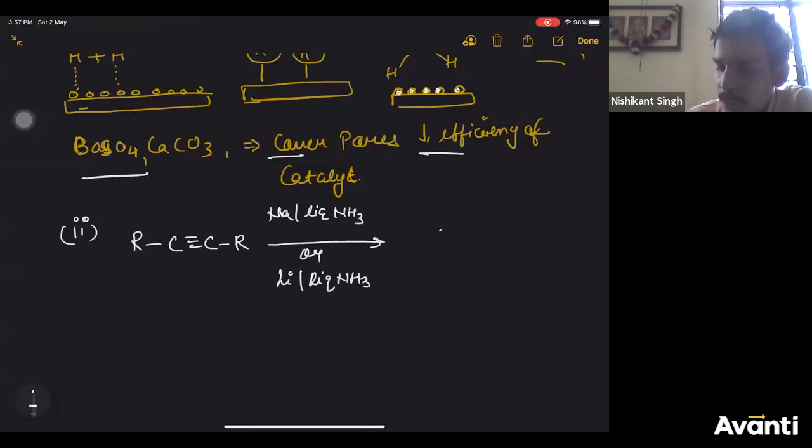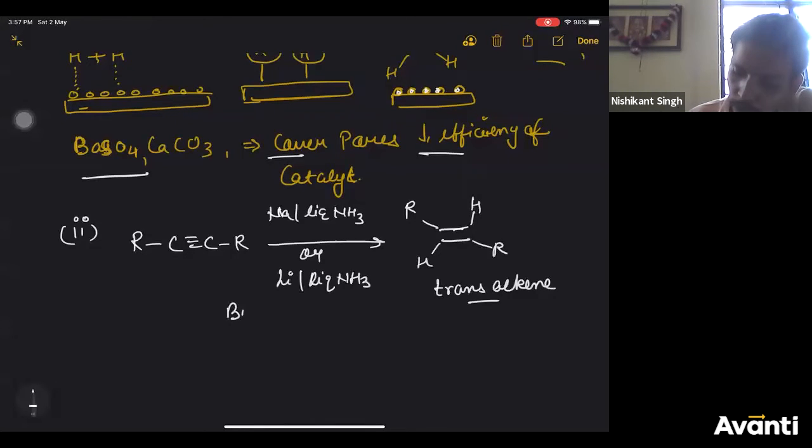Then your addition will happen trans, and the alkene obtained will be a trans alkene. This is also called Birch reduction.